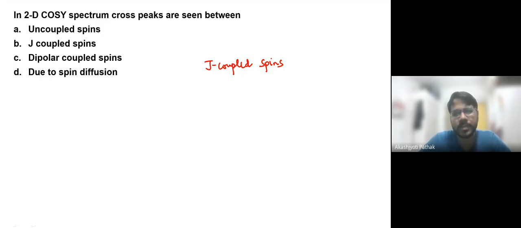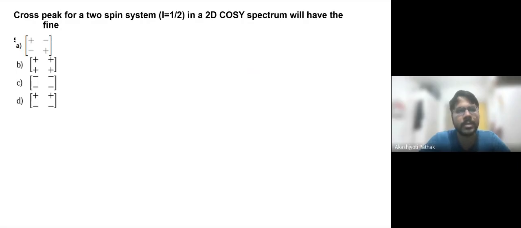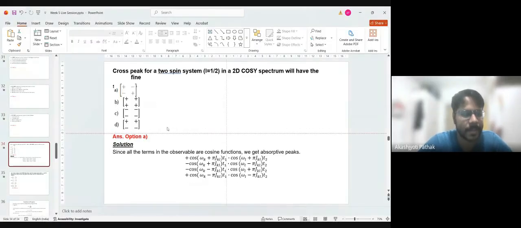That is why your cross peaks, we discussed just now, have absorptive signal, and from those signals we can actually get the information about the coupling between the two spins. So we will look into this concept once we discuss the AX and AMX spin systems.